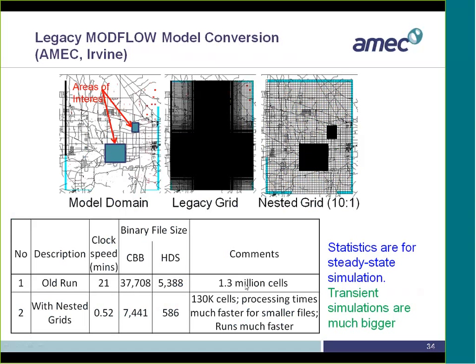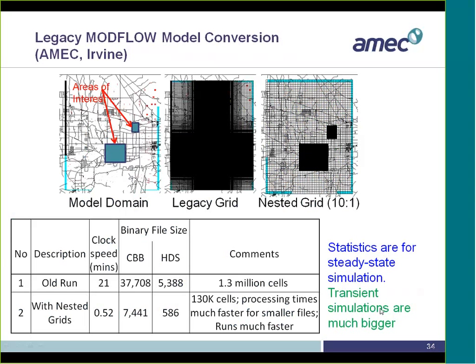The cell counts are 1.3 million cells on this legacy grid and 130,000 cells on the new grid. And the sizes of the output files, the head binary output file is 500 kilobytes versus 5 megabytes, and this is the difference for the cell-by-cell flow term files.